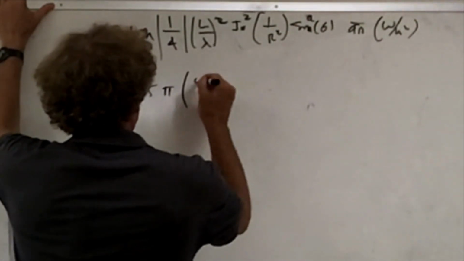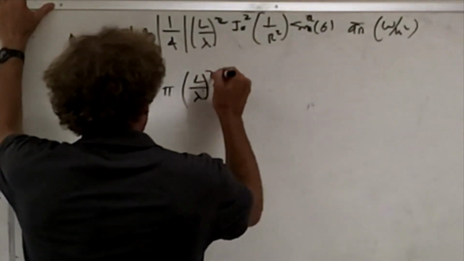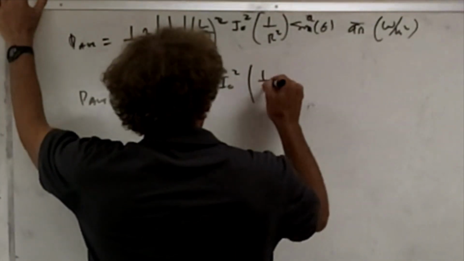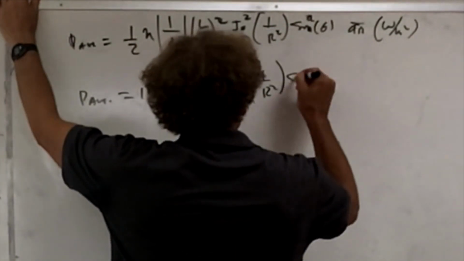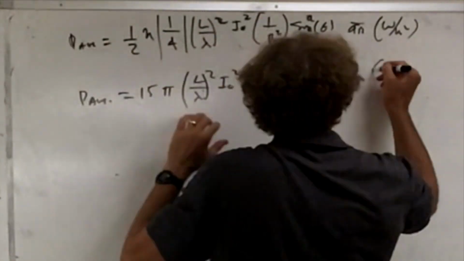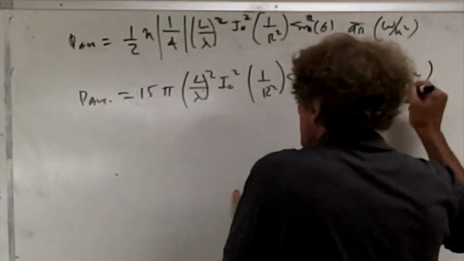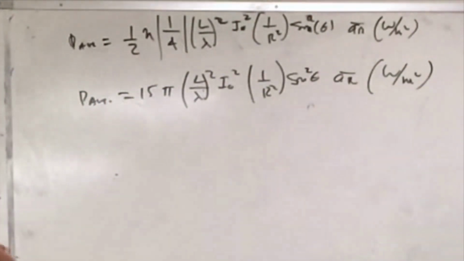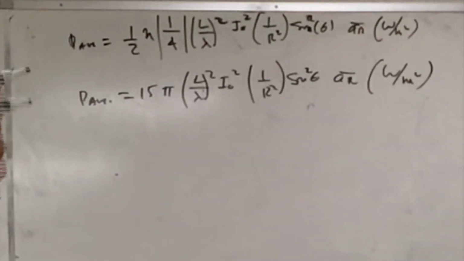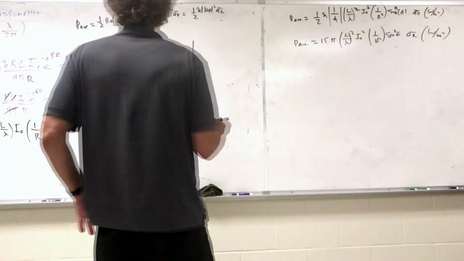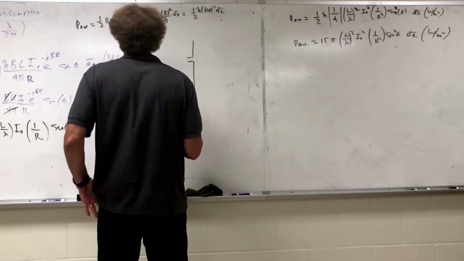Then I still have L over lambda squared, I naught squared, 1 over r squared, and then sine squared of theta a r in watts per meter squared. That's probably an easier thing to remember for power density, but my go-to is always just get the electric field and work from there. And the rest I don't care about. Y'all with me, everyone? Okay, so that's the power density. Those are the electric fields.